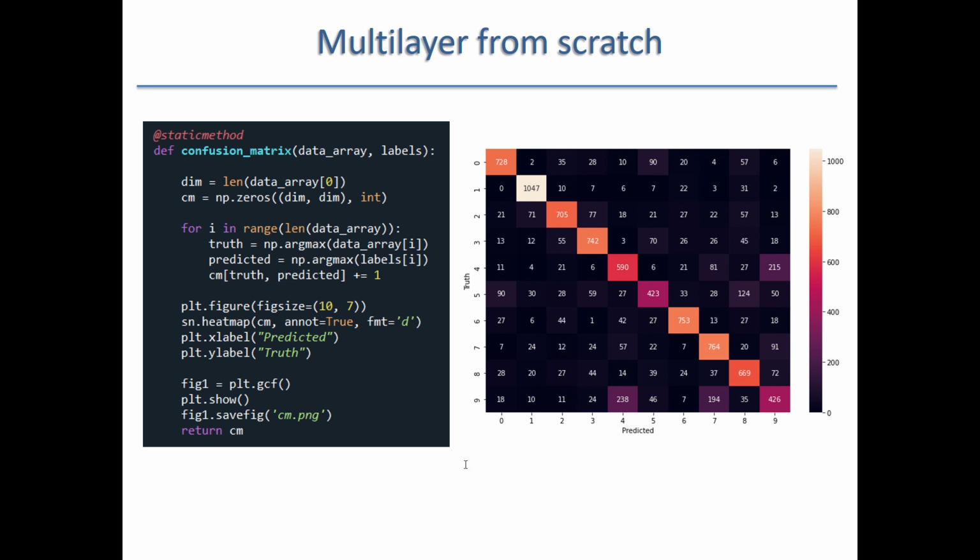We can go back, then the scheduler. The scheduler, again, is just taking note of what is the learning rate, and if we have a more complicated scheduler, what would be the scheduling for the learning rate.